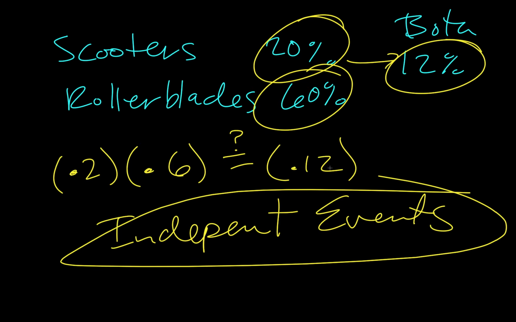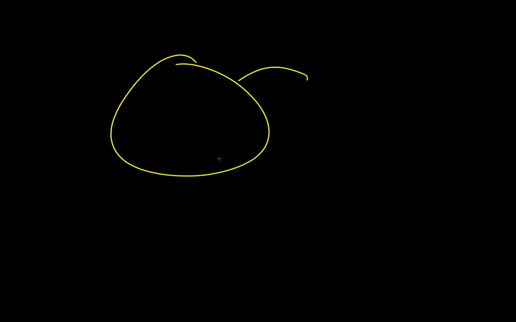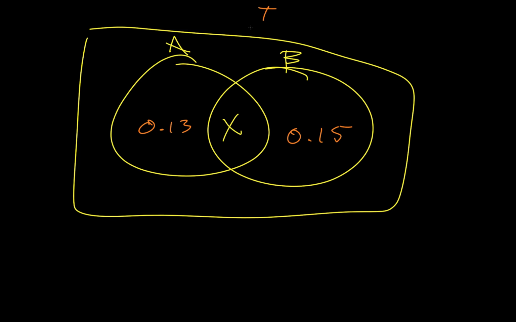Now, I'm going to try one of these Venn diagram problems. So we're given a Venn diagram to start off with. The intersection is x, and then we're told that this is 0.13 and this is 0.15, and we're told that they're independent.